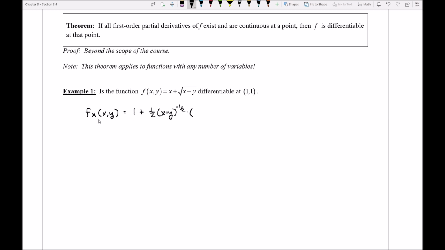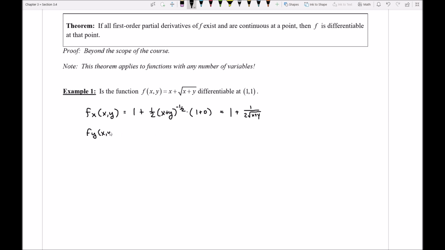Since I'm going with respect to x, y is treated like a constant, so I get 1 plus 0. If I rewrite this so it's a little bit cleaner, I have 1 plus 1 over 2 times the square root of x plus y. Notice that if I try to plug in (1, 1) here, I'm never going to get anything undefined. So the partial derivative with respect to x definitely exists at the point (1, 1).